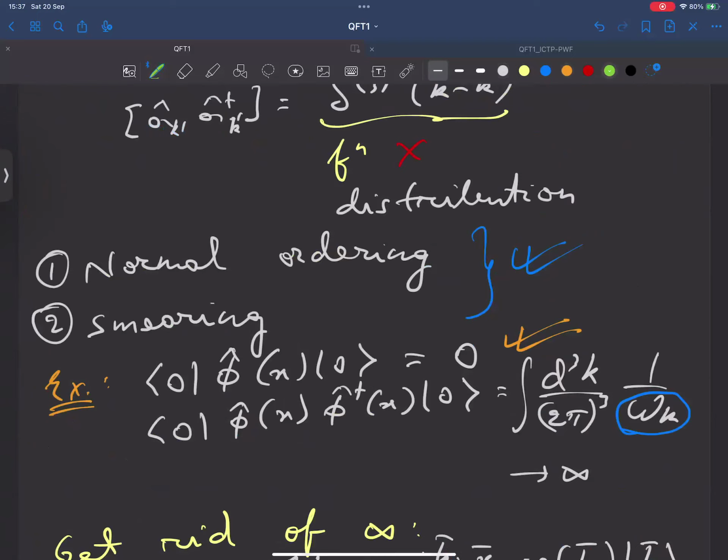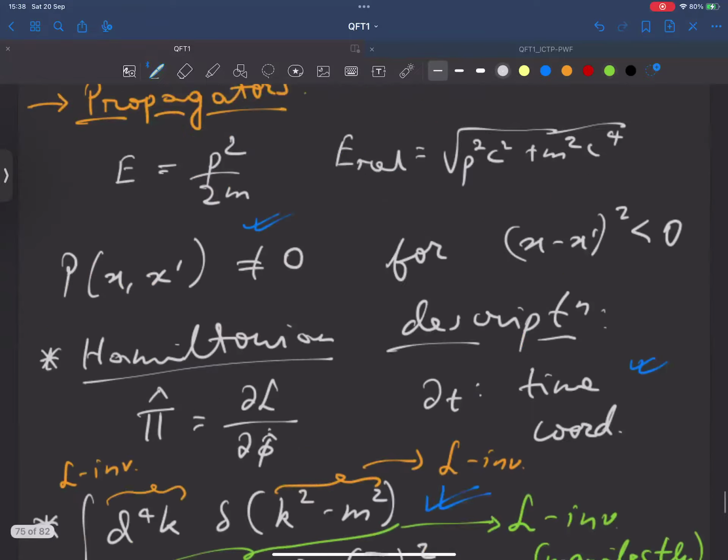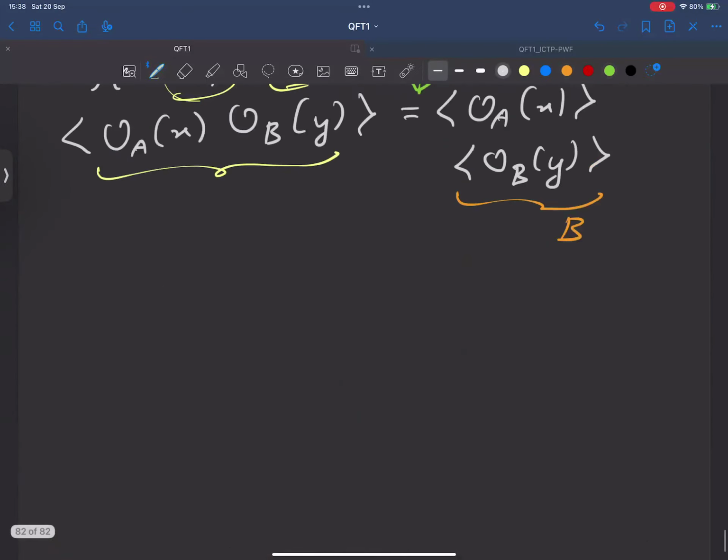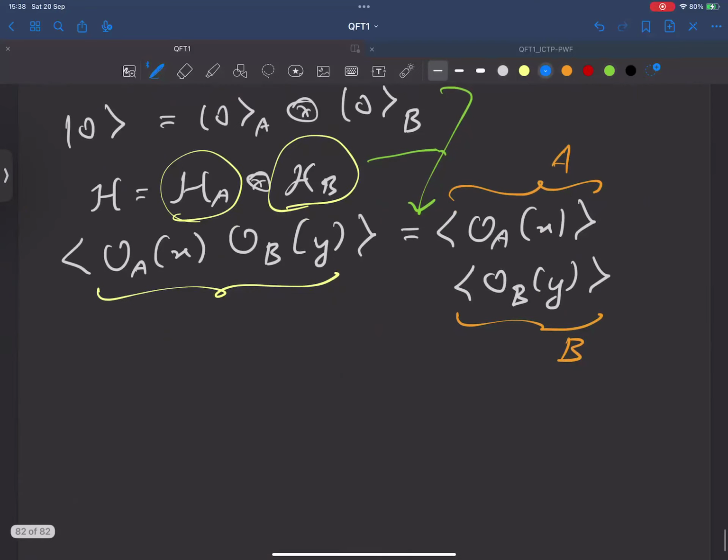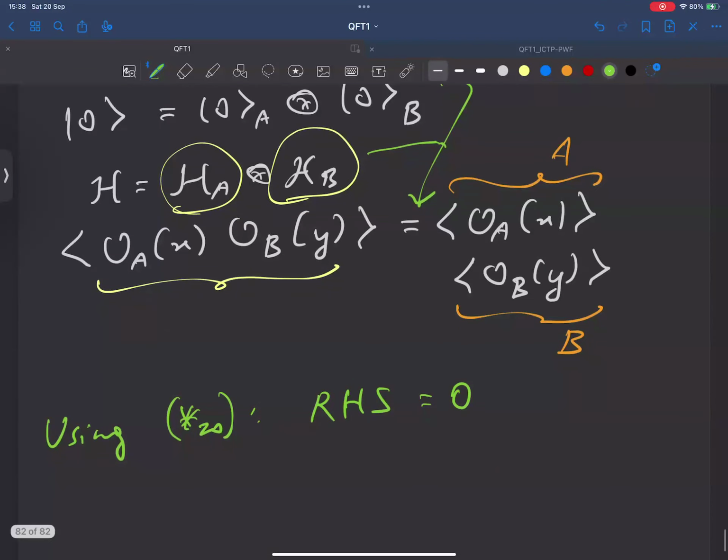Let me call it star 20. That was a result you can show when you write phi in terms of ladder operators and act on the vacuum. Since that was 0, using star 20, we see that the right hand side actually gives us 0.